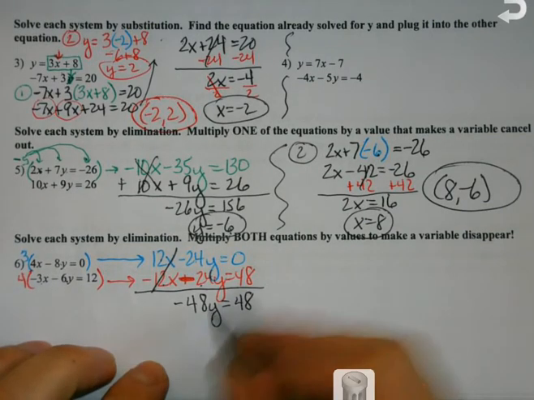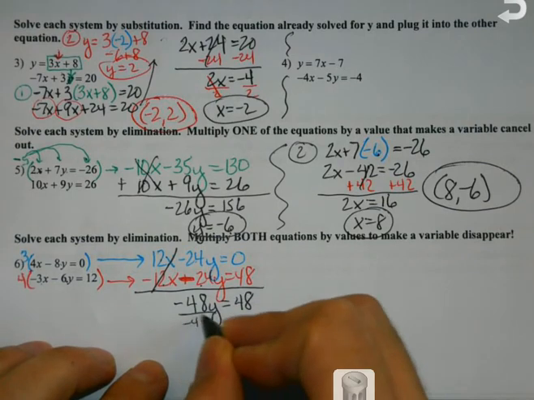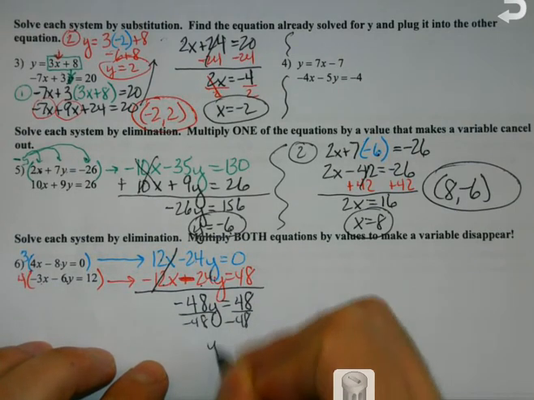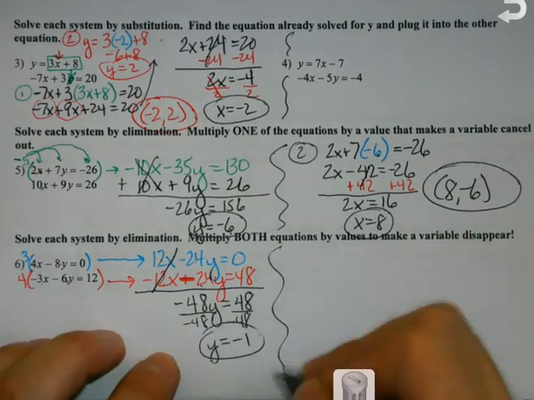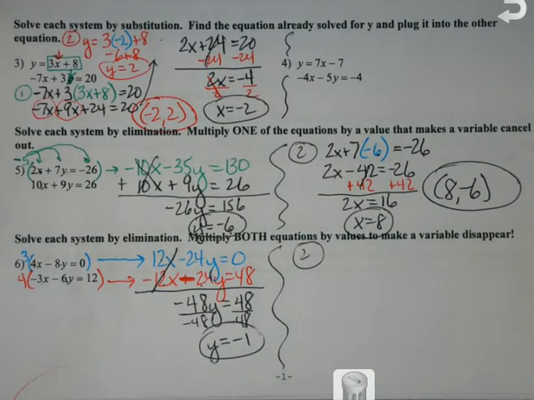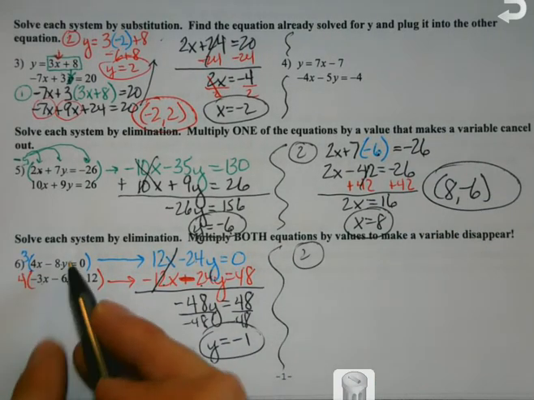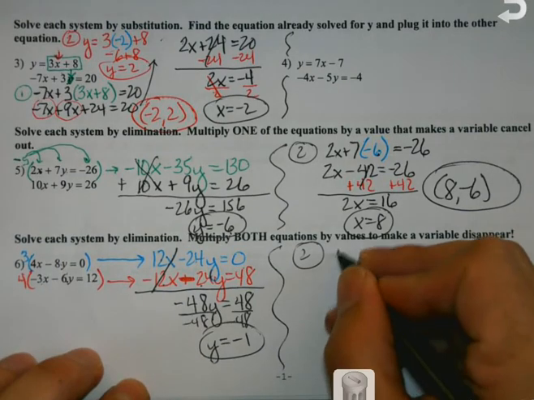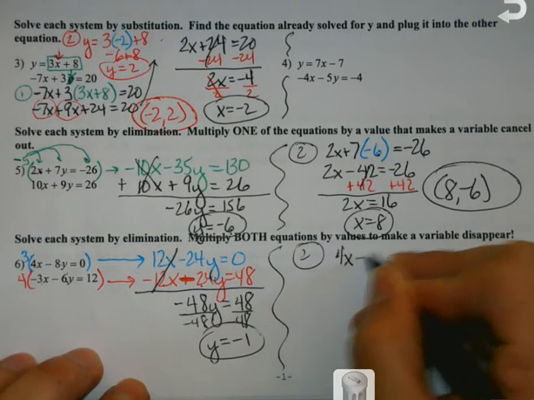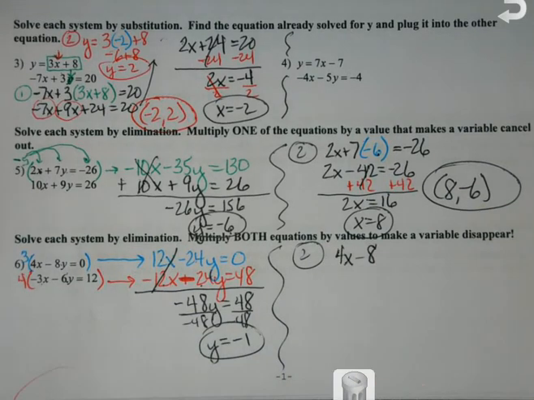Okay, back at it here. So we've got our y's by themselves. We're going to divide here and get our y value. Remember, you've got to have y and x on these. So step 2, similar to what we did up above: plug that into either one of these. If you have a favorite, great. If not, I just keep using the top one. So 4x minus 8, don't put the y in there.